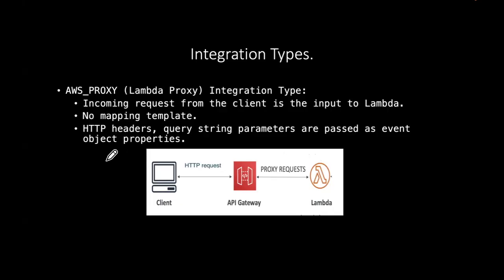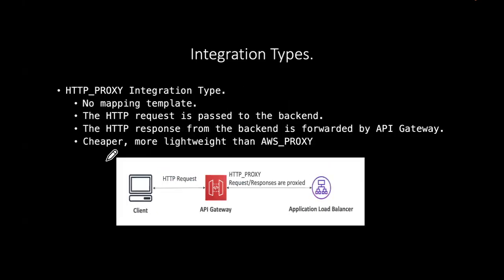That's integration type number three, and integration type number four is simply called HTTP proxy. And this is useful when it's HTTP on both sides. So really the gateway has very little to do. It simply takes the HTTP request that it receives and proxies that HTTP request onto the backend.